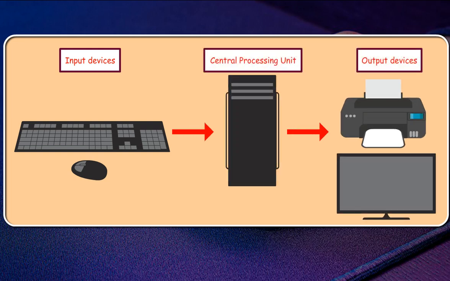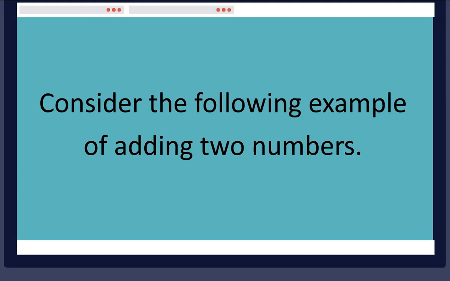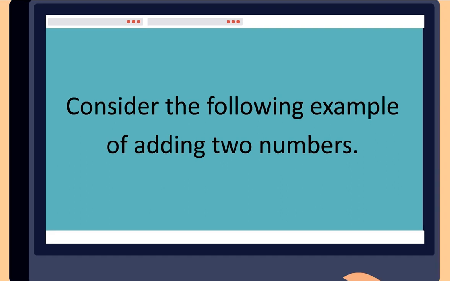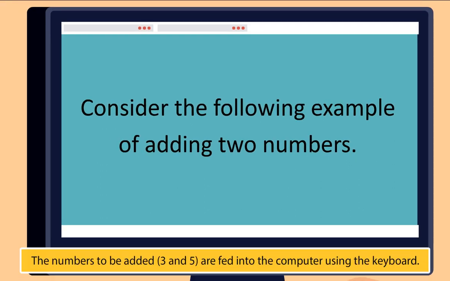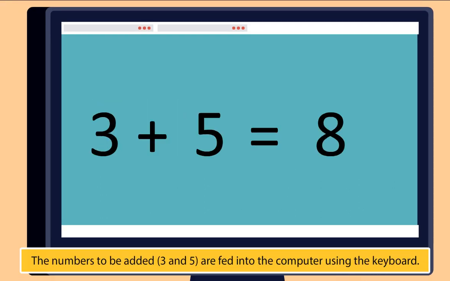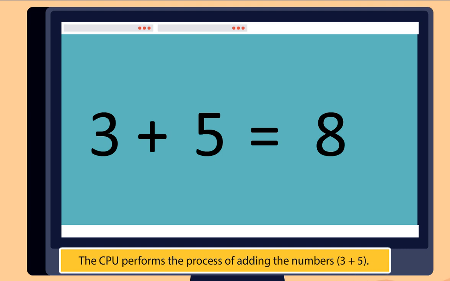The IPO cycle. Consider the following example of adding two numbers. The numbers to be added, 3 and 5, are fed into the computer using the keyboard. The CPU performs the process of adding the numbers 3 plus 5.